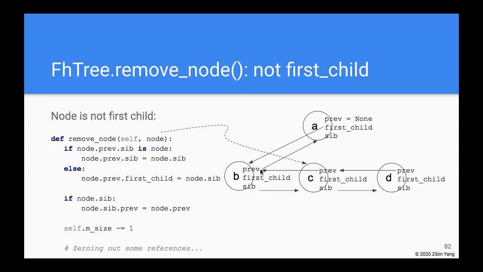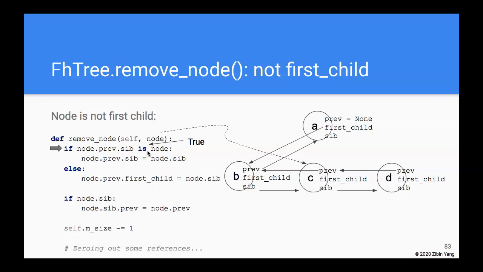So the first thing we have to figure out is how do we tell whether it's pointing to a parent or a sibling? Well, we can do that by checking. In this case, let's say we're trying to remove C, and C's previous pointer is pointing to a sibling. We can tell by looking at the picture. In terms of the code, the way to do that is that we'll check whether the node's previous sibling is pointing to the node that we're trying to remove.